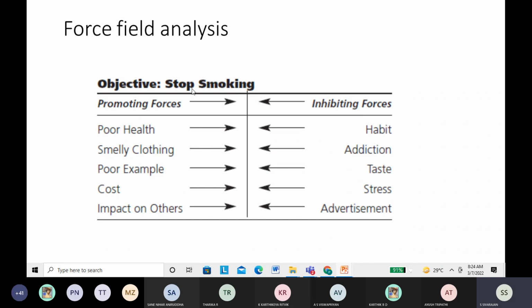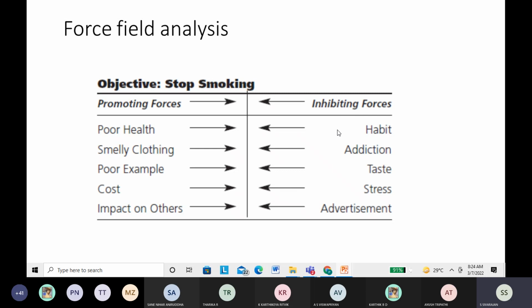This way, if you are given any objective, you should know how to conduct the force field analysis. First, what are the various forces that are supporting the objective? You have to list them all. For example, to improve the sales, advertisement is there, brand image is there, it's a multinational company. All these things are supporting the objective. Then, what are the various forces that are opposing the objective?